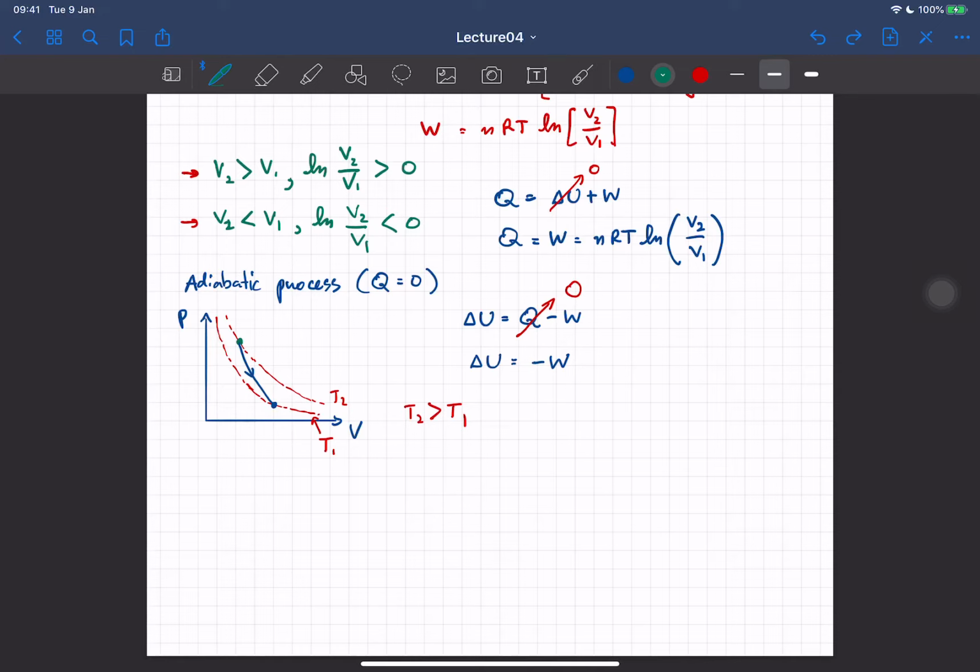Okay, so this curve here is the curve described by PV to the power of gamma equal to constant. This is in contrast to the isothermal process. Isothermal process is PV equal to constant. This is isothermal.